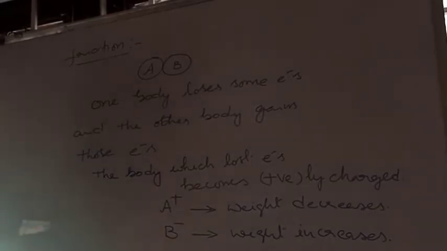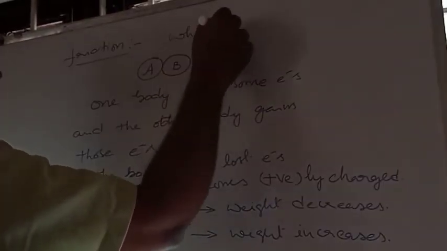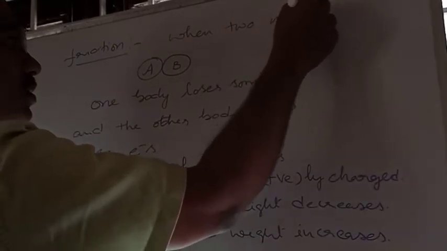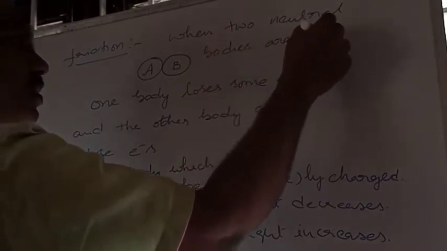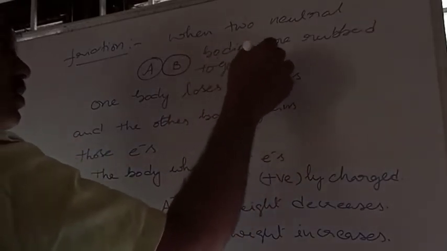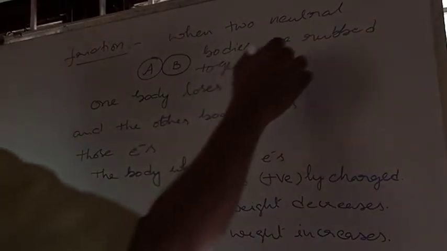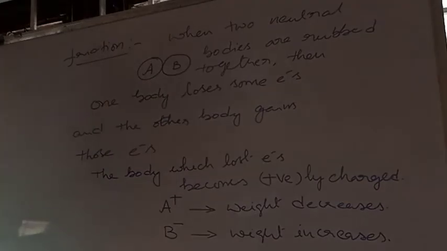Please note down. By the process of friction, when two neutral bodies are rubbed together, then one body loses some electrons, and the other body gains those electrons.